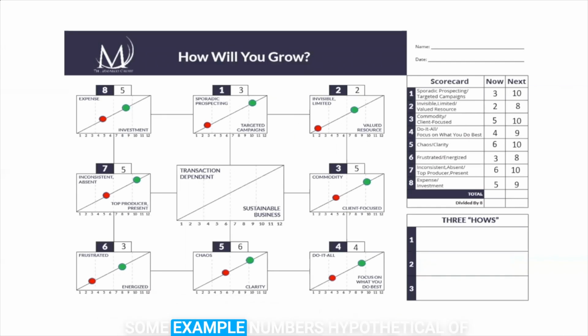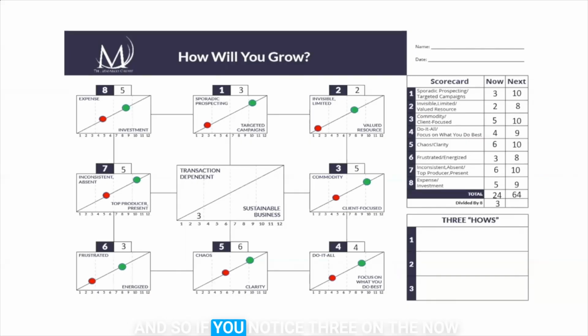I just threw in some example numbers, hypothetical, of some ratings you may or may not put there. So let's look at some example ratings. So the total on the now column is 24. And the total on the next, where you want to go, where you want to grow, is 64. Now, divide by 8. Obviously, it'd be 3 in the now.